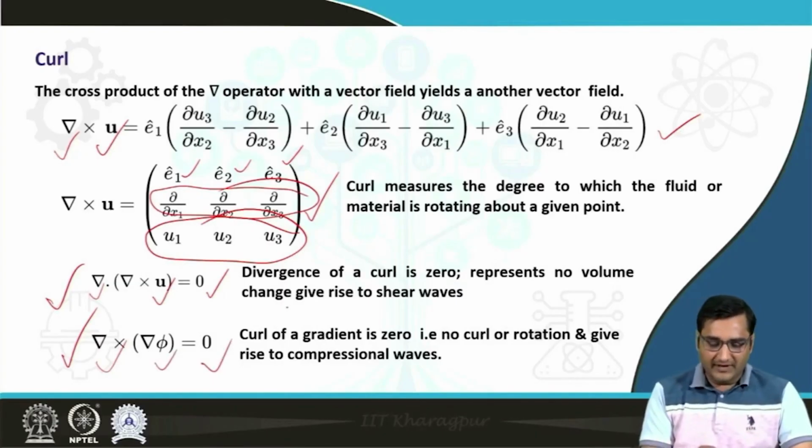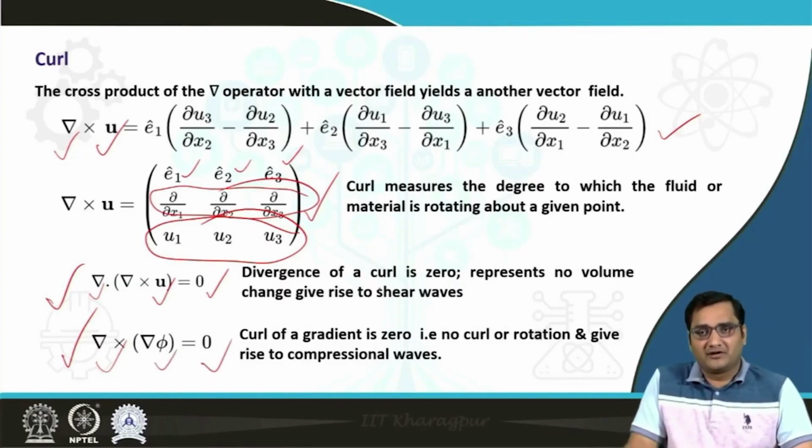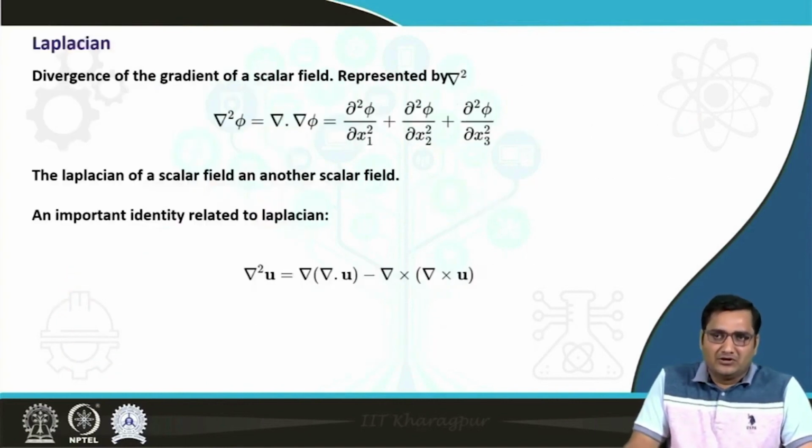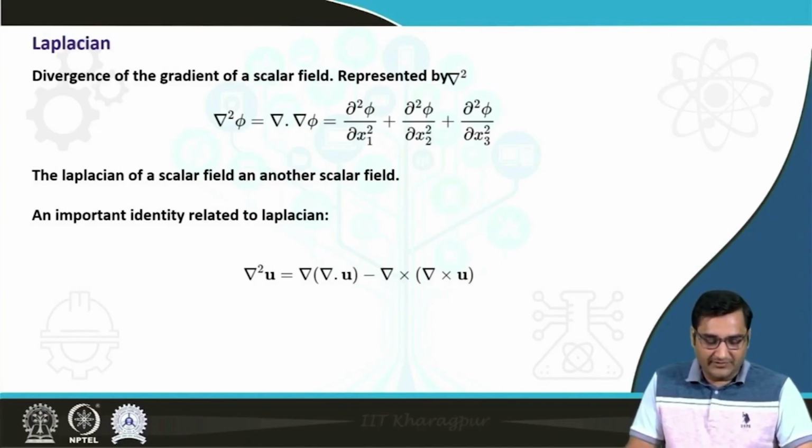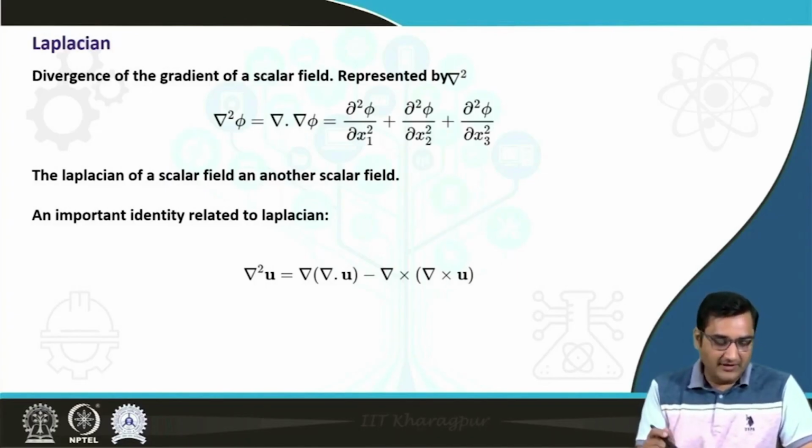So when the divergence of a curl is 0, it represents no volume change, and if there is no volume change, then it may give rise to the shear waves. If the curl of a gradient is 0, that means no curl or rotation, and it may give rise to the compressional waves.